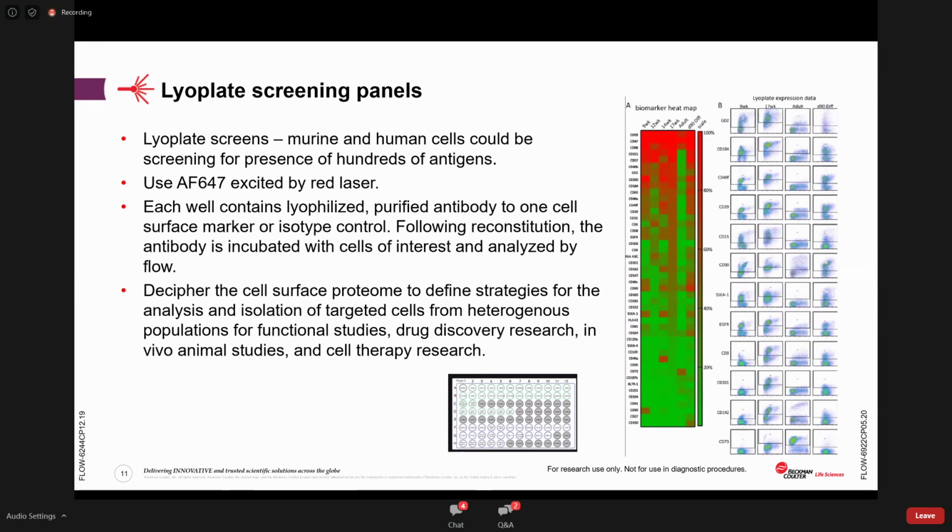The screen could identify expression of known proteins on myoblasts, for example, or fibroblasts, macrophages, among others. It could also help analyze isolated targeted cells from heterogeneous populations, or be used to compare protein expression in different stages of the cell cycle or under different cell culture conditions.